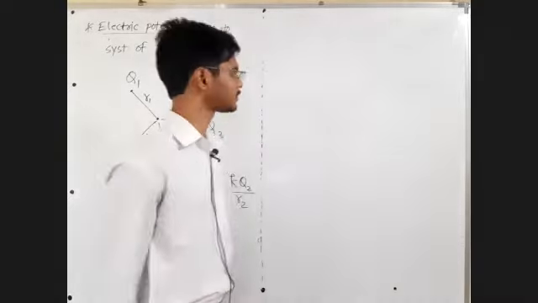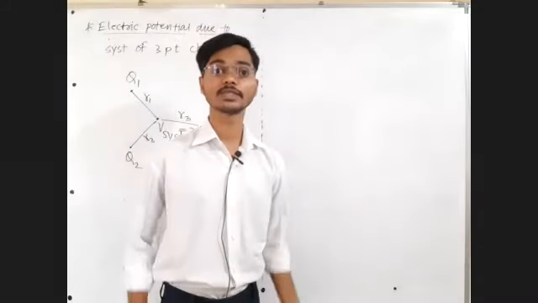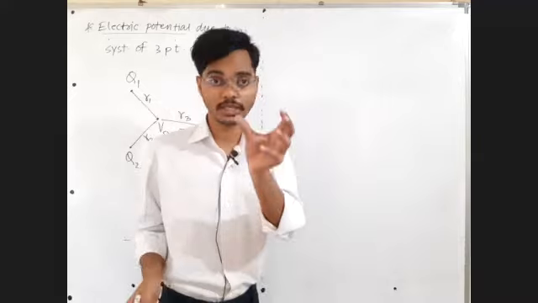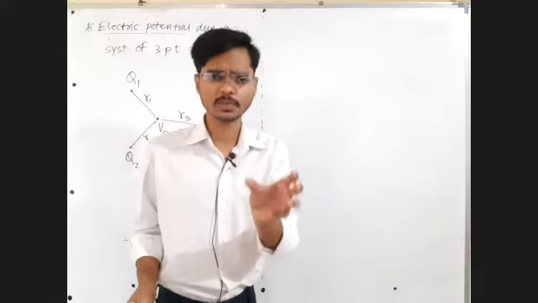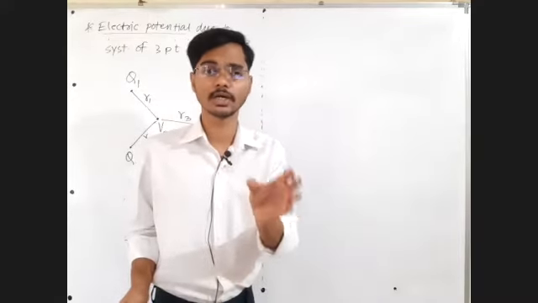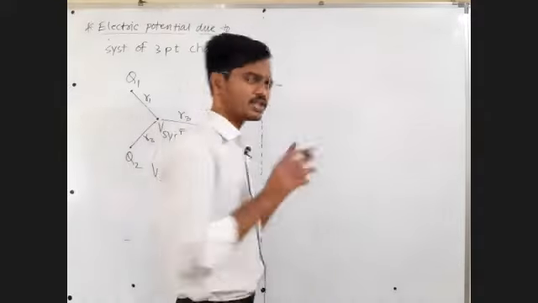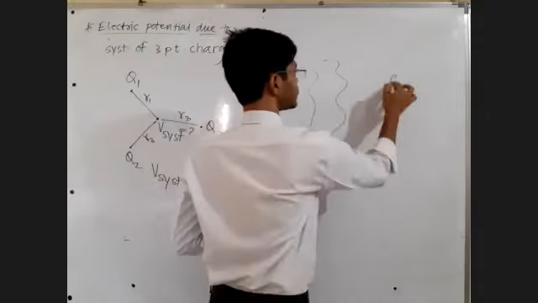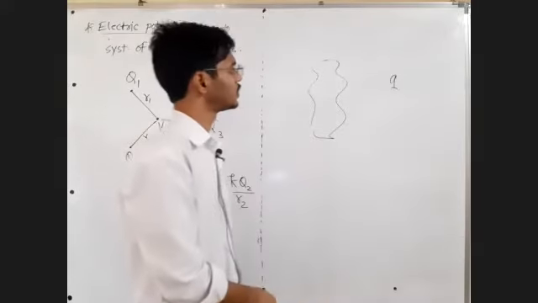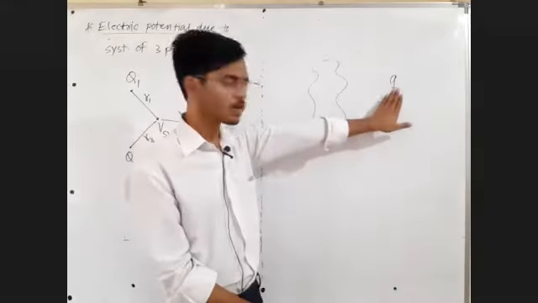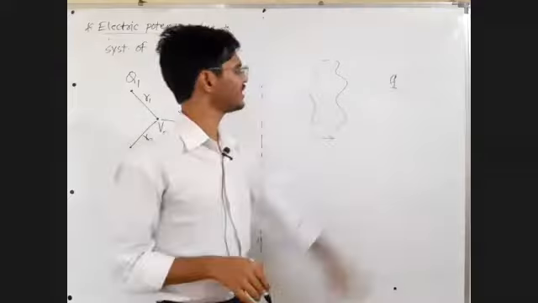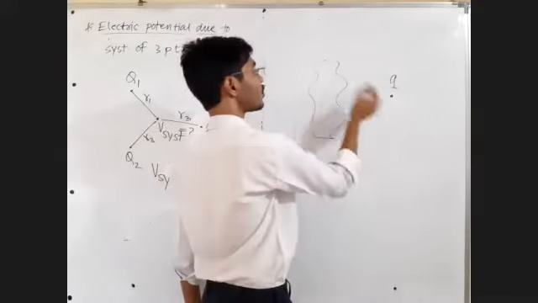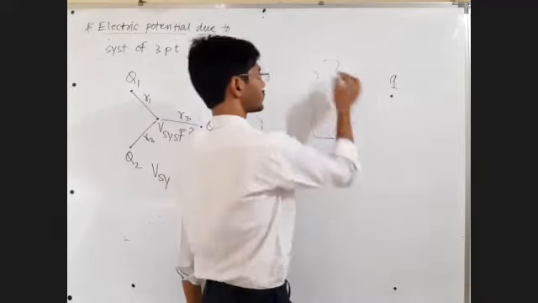Now, let us discuss potential energy of a system of charges. Even if someone says potential energy of a charge, you should understand that that charge is certainly placed in another charge's field. If someone is saying potential energy of this small charge q, then he is certainly saying that the charge is placed in someone else's electric field.